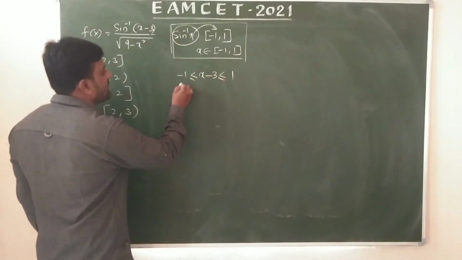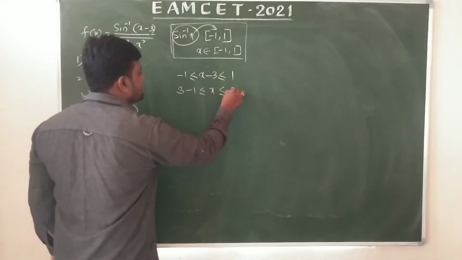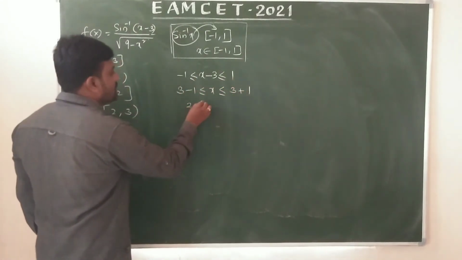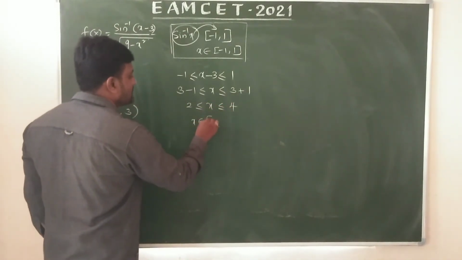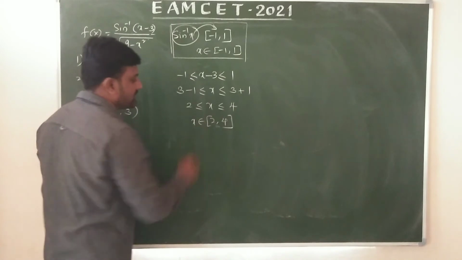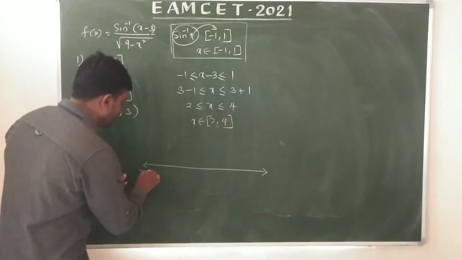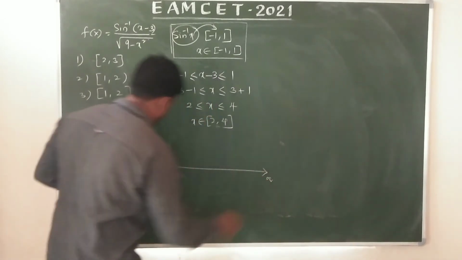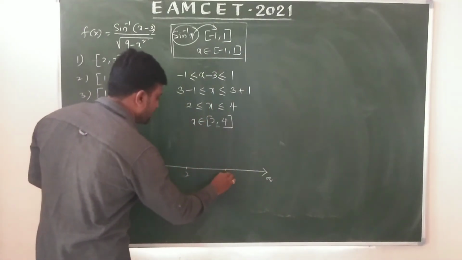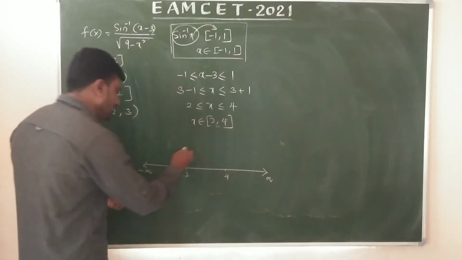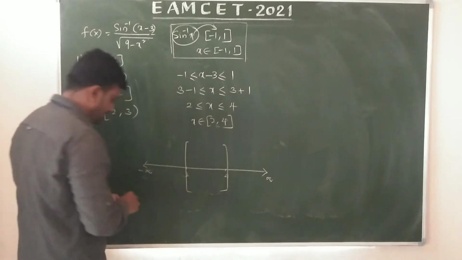Now add 3 in all 3 places. 3 minus 1 less than or equal to x less than or equal to 3 plus 1, so 2 less than or equal to x less than or equal to 4. Then x belongs to the 2 comma 4 interval. Let us observe this on the number line. Suppose taking 2 here and 4. These are the critical points 2 and 4.